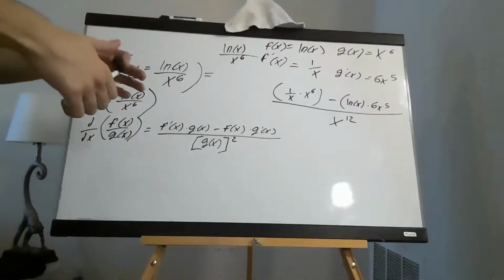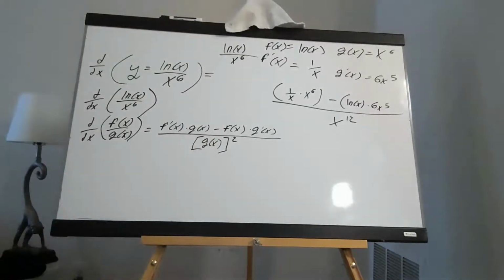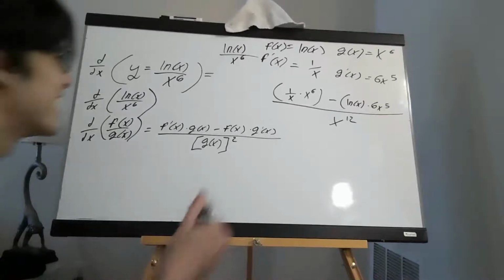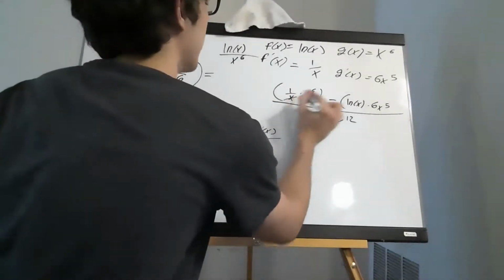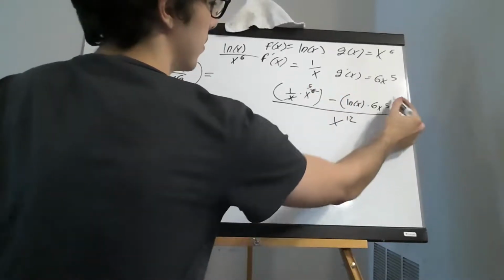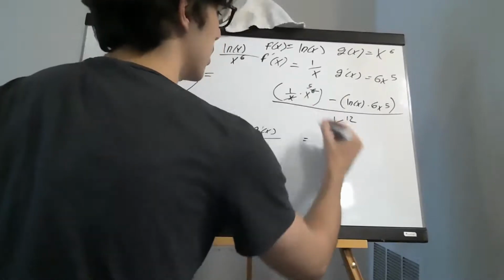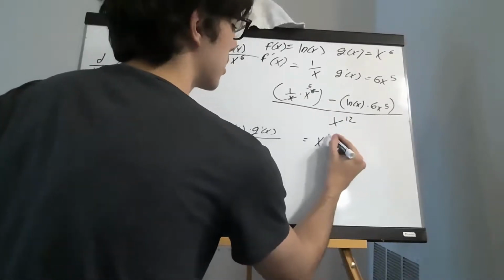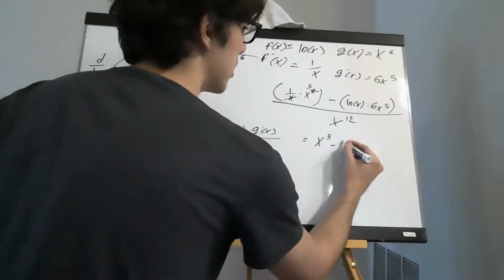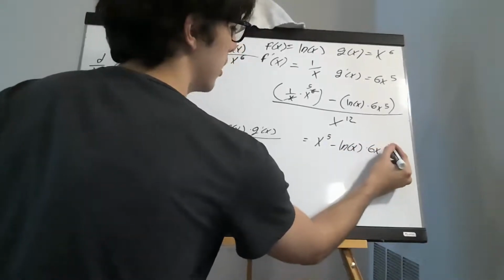So now let's just do some algebra, some basic integers. Cancel, that becomes a 5. Then we can simplify. That's going to give us x to the 5th minus ln of x times 6x to the 5th.